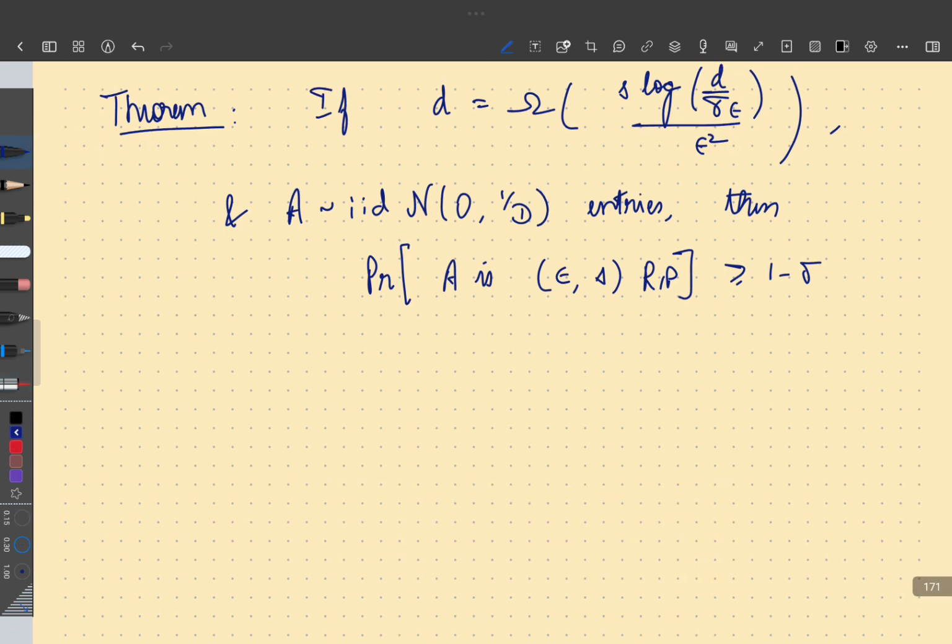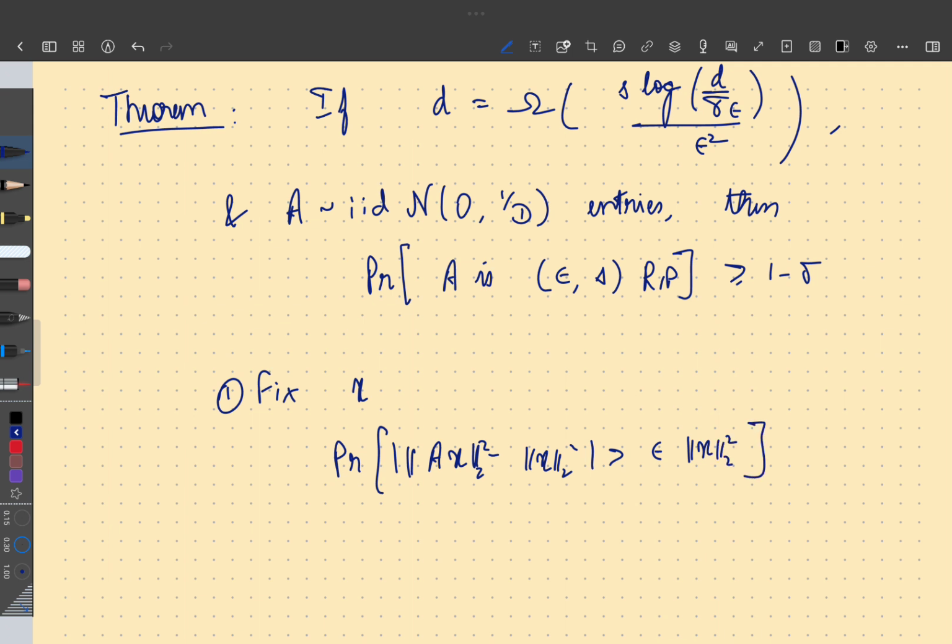So basically the idea is you fix an x which is S sparse, and then try to find an upper bound on the probability that, in fact the S sparse is not particularly important, that the norm of Ax minus the norm of x squared is greater than epsilon times norm x squared.